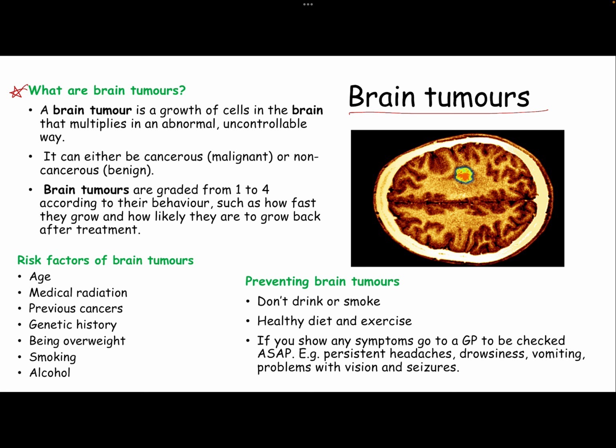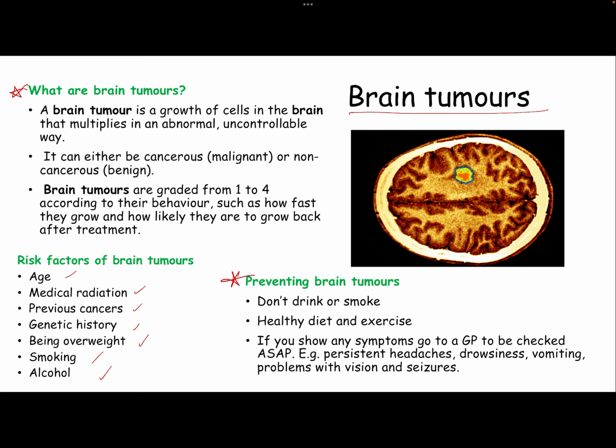Risk factors of brain tumors: age, medical radiation, previous cancers, genetic history, being overweight, smoking, alcohol. So you can see where lifestyle choices can have a significant impact on people developing certain conditions. But it doesn't have to be, of course.